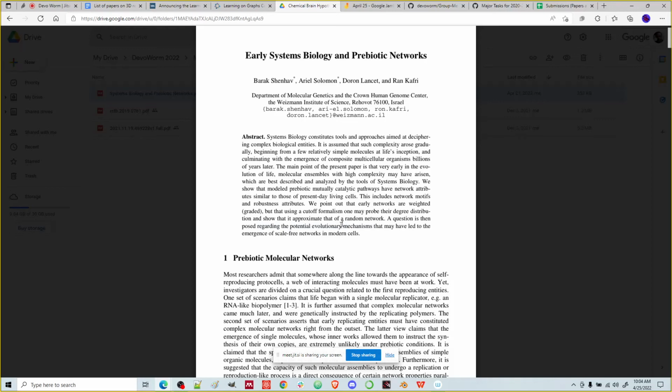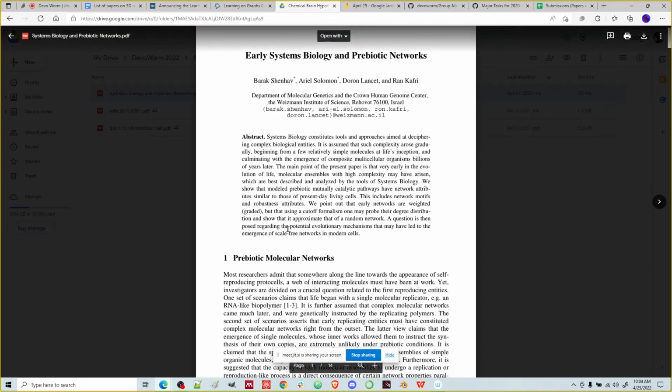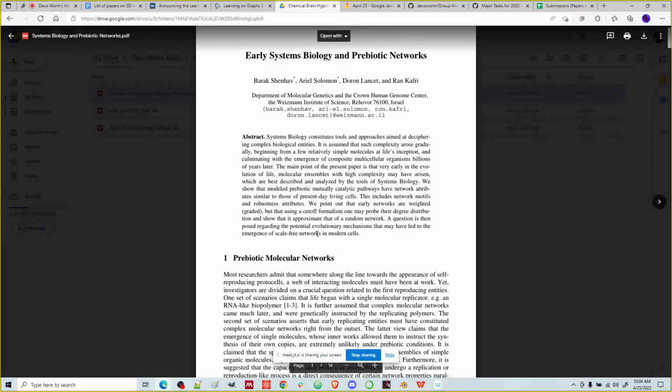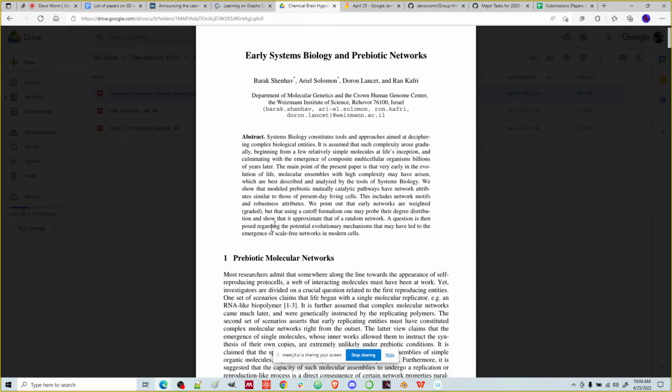of network science. A question is then posed regarding the potential evolutionary mechanisms that may have led to the emergence of scale-free networks in modern cells. So scale-free networks are like, if you've ever heard of a small world network, where the networks both have features of hierarchy, but also have features of distributedness. So they're these kind of mixed network topologies.